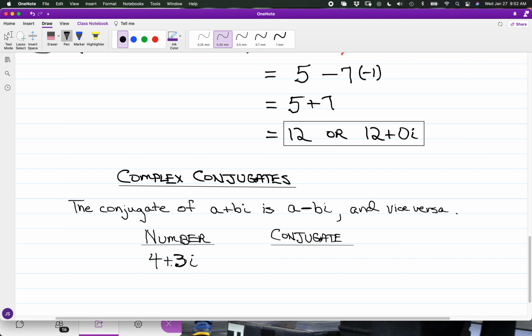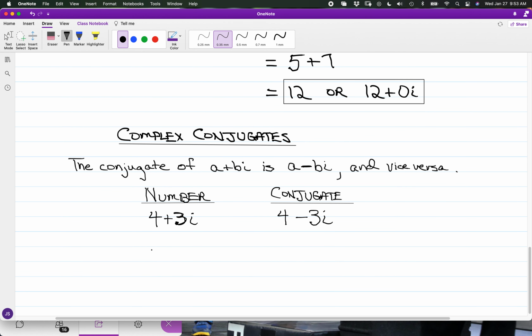Okay, so you have addition, and what's going to happen here is that you're going to almost entirely keep the terms. Now your a value is fixed, a is 4, and here we have plus 3i, and the conjugate is just going to be taking the opposite operation, which is going to be minus 3i. So the conjugate of 4 plus 3i is going to become 4 minus 3i.